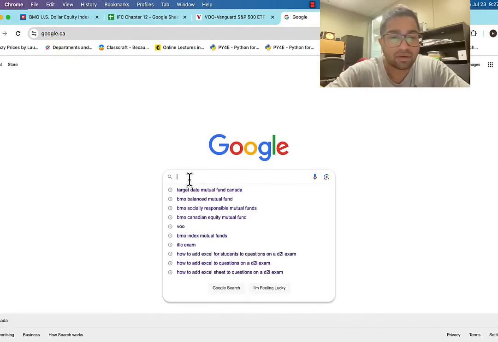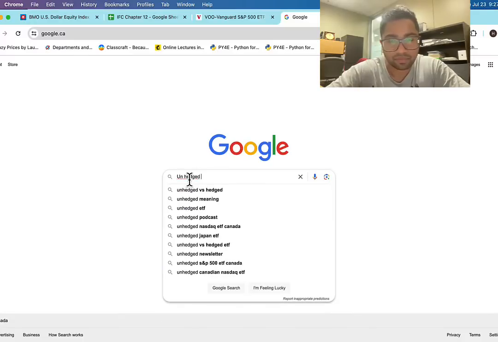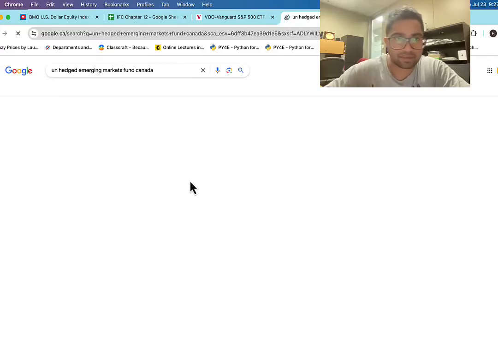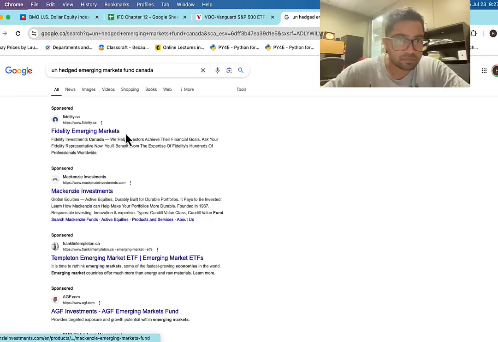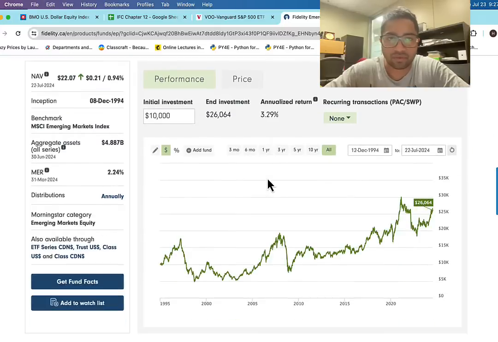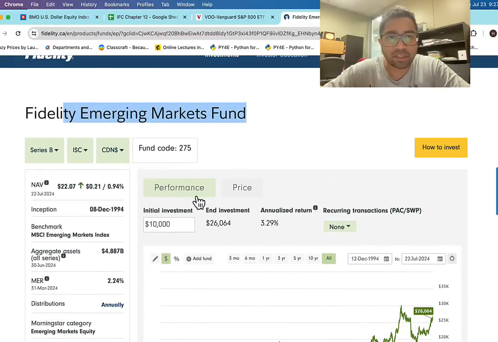Okay, so we can look at an unhedged emerging market fund, and we want Canada. Emerging markets are developing countries like, let's say, Brazil, Argentina, India, all of those. So this is a Fidelity Emerging Markets Fund.